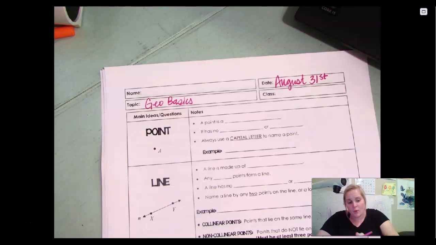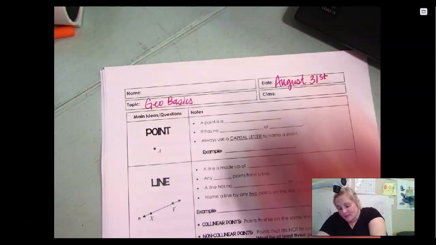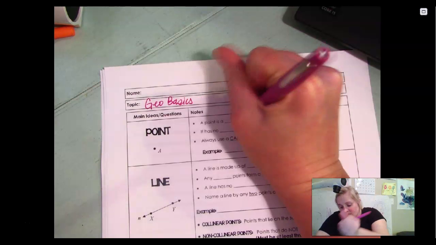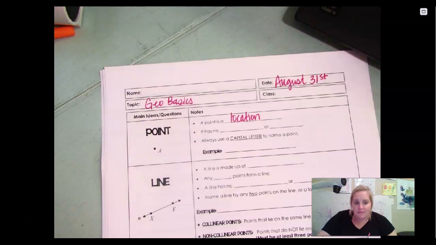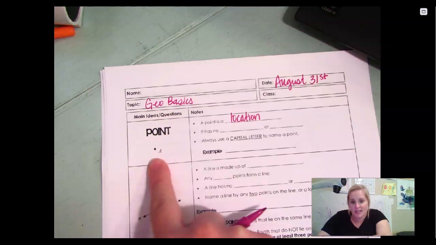A point is a location. And we're used to having that location on a coordinate table, which is an XY coordinate. But in geometry, it doesn't actually even have to be in a specific coordinate plane. It can just be located there. That is the location A. So it is a location.